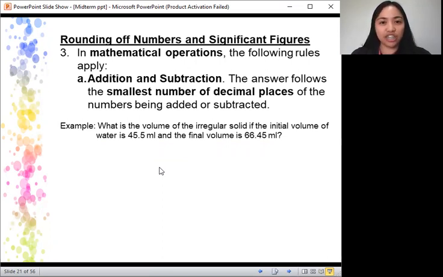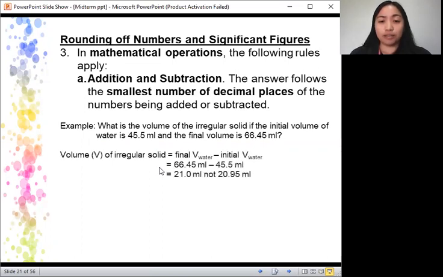So of course, ma-change pud ang volume sa water. So that is your final volume. So para makuha nimo ang volume sa imuha nga irregular solid or sa imong bato, you minus the final volume to the initial volume para makita nimo unsa ang pila ang volume sa imong bato.